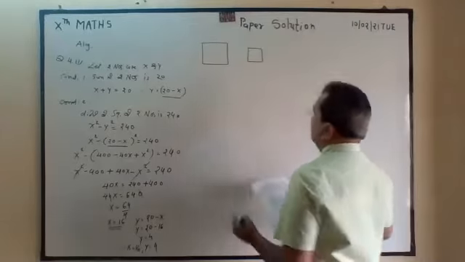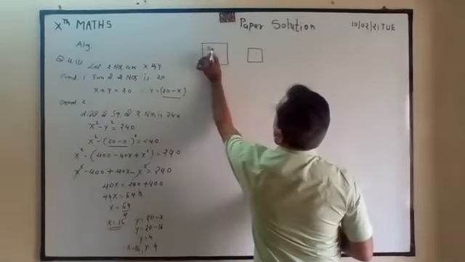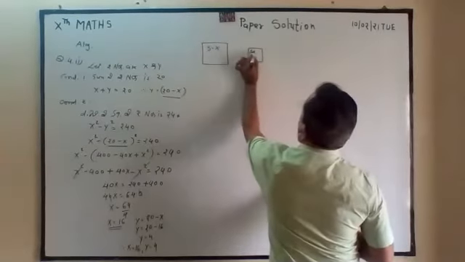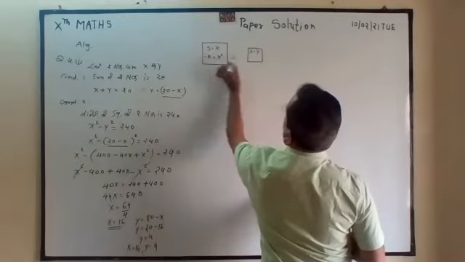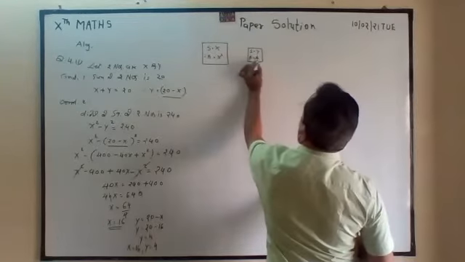Okay. Now let side is equal to x, side is equal to y. Therefore area is equal to x square, area is equal to y square.